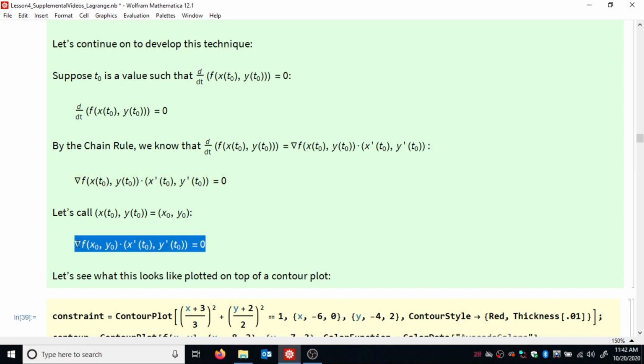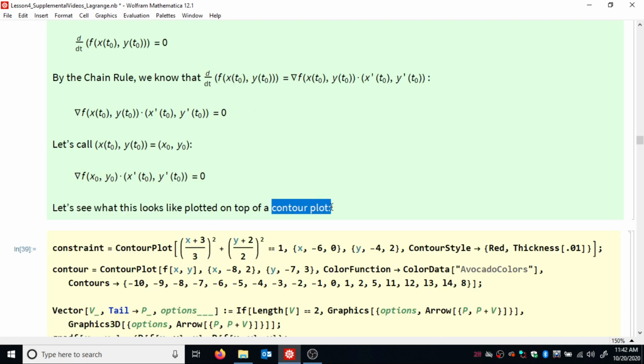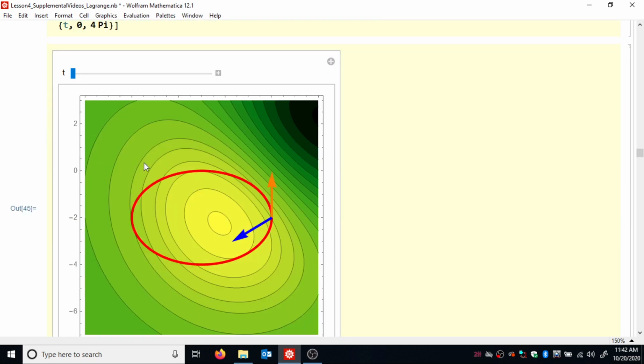And also remember that the gradient vector and the tangent vector here live in two-dimensional space, which is kind of nice because now we're able to plot everything on a contour plot in two-dimensional space. So this picture right here, it's still our surface, but now represented as a contour plot, as a bunch of level curves. And we still have our hiking trail, our g(x, y) equal to 1 here.